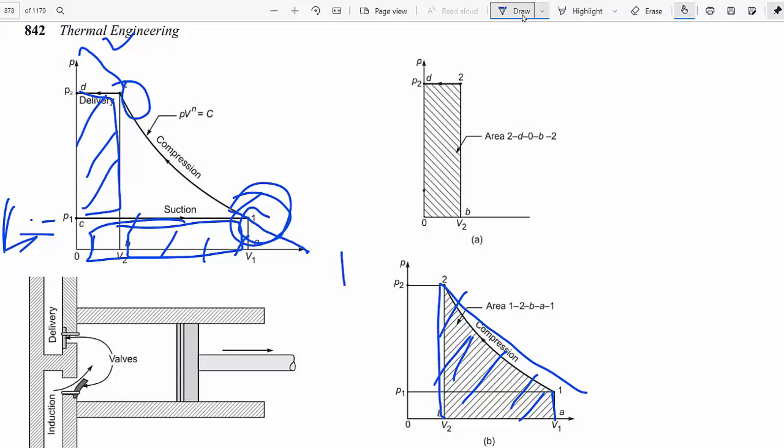That space is the certain rectangular space. Without this space, we cannot compress or deliver the high pressure air in more quantity. Therefore the space is needed.